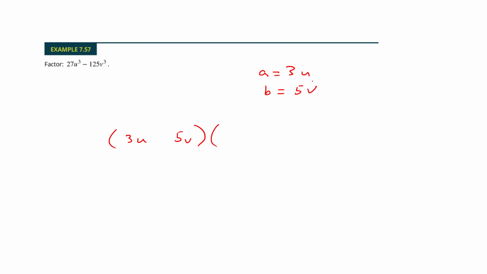You square in the front, it's the whole thing. So 9u squared. And if you multiply these together, you get 15u times v. Do you remember that? Now, if you square the back end, you get 25v squared. Same as you started, opposite, always positive.